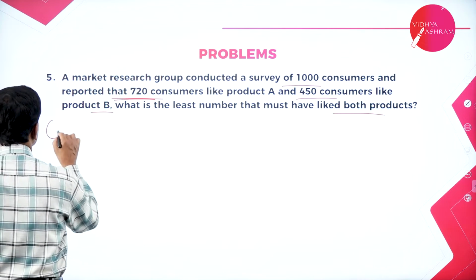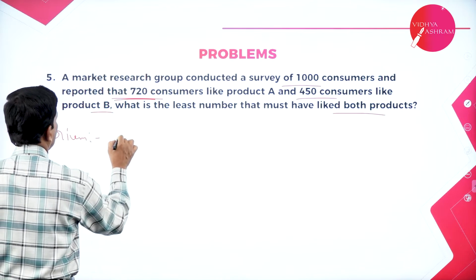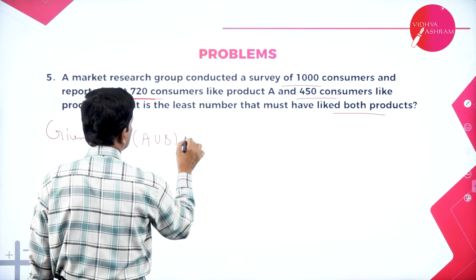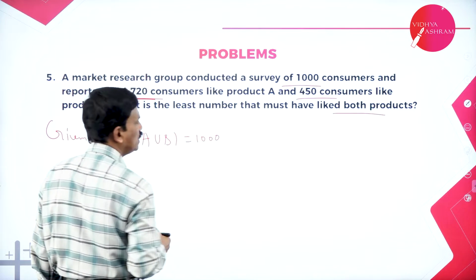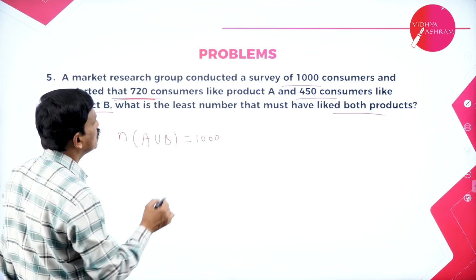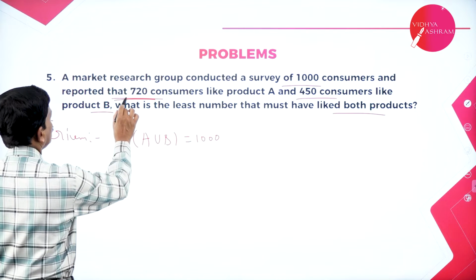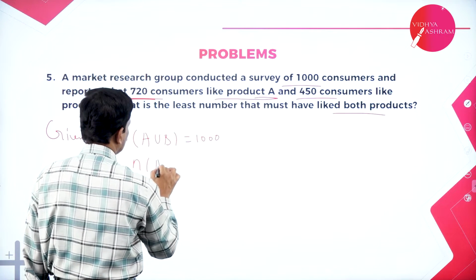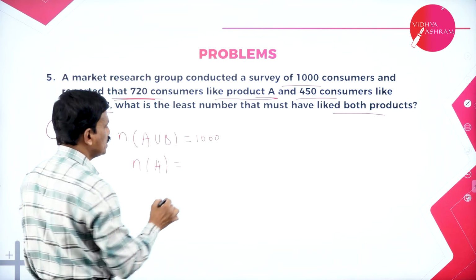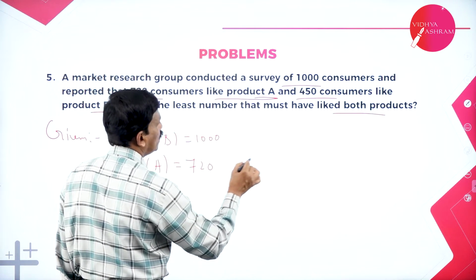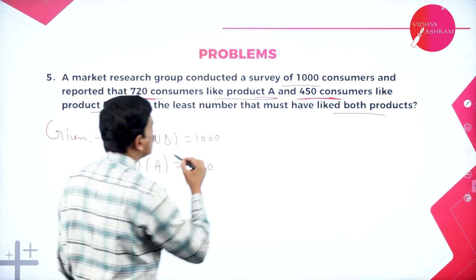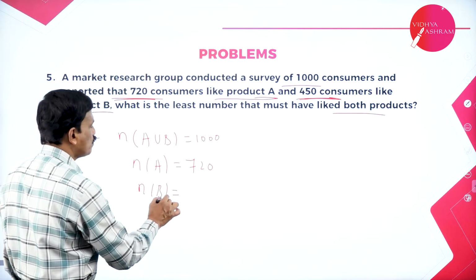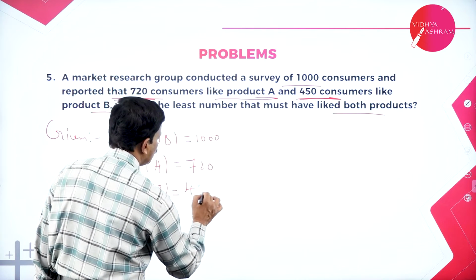Now, given in a survey of 1000 consumers, A union B is equal to 1000. The number of consumers who like the product A is 720 and the number of consumers who like the product B is 450.